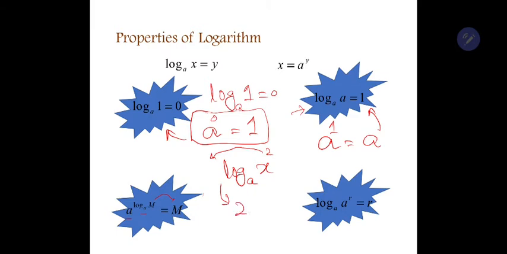So this can be written as 2 log a x. Now in this case, because the value of x here is a, so 2 log a a, and according to the property here, log a a should be equal to 1, so 2 times 1 is going to be 2. In this case it is r here.